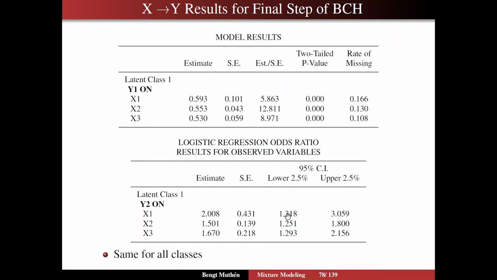So here it doesn't, so X1 has a significant influence on Y2, and so does X2 and X3. Now, in this model, these regression slopes or odds ratios are the same for all classes because we have a class-invariant Y on X regression specified in the model.